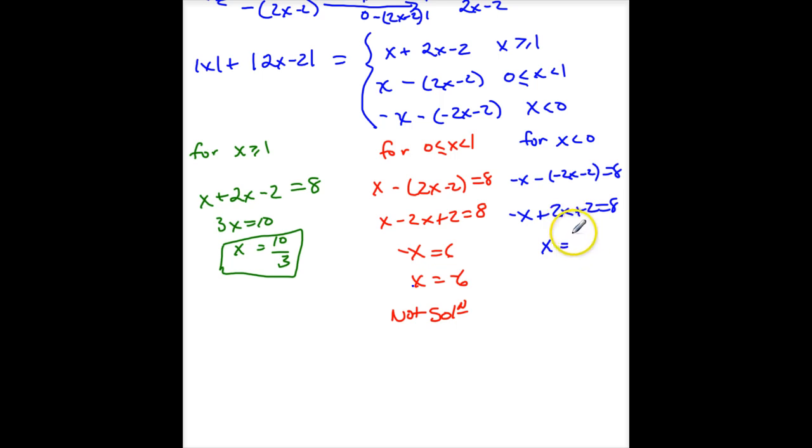Did I do that right? Oh no, I don't have a minus sign there. Don't make algebra mistakes. I got carried away and carried my negative in too soon. So this is negative 3x is equal to 6, or x is negative 2. Now you see when you follow this, x is indeed less than 0, so this is a solution.